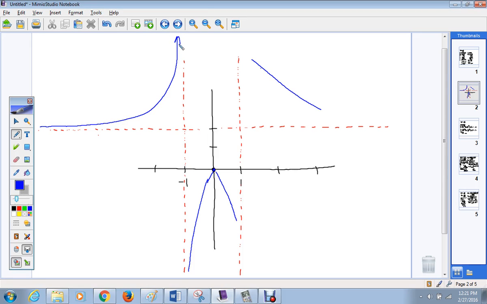Now from negative 1 to 0, we were increasing, and we are concave downward. So here we know we're concave downward there, so we can draw that in.